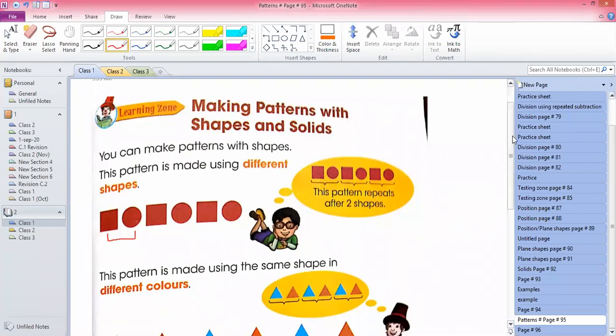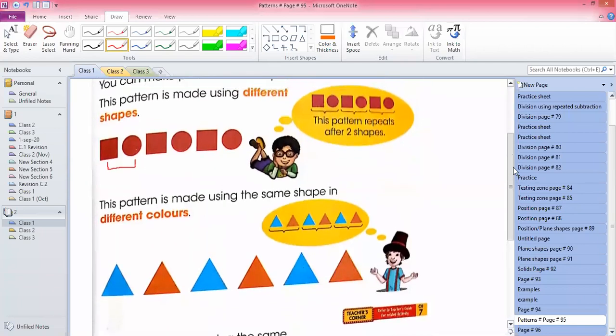One more pattern we discussed was made by using different colors. In the first pattern, the shape was different: there was a square, and there was a circle. But here in this pattern, the colors are different. The shapes are the same. All are triangles, as you can see in your book, page number 95. But the colors here are different. The first color is blue. The second color is orange.